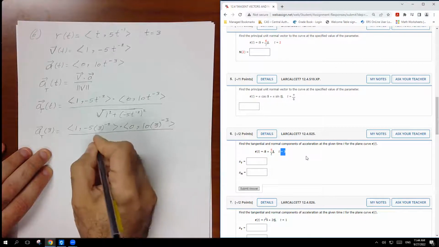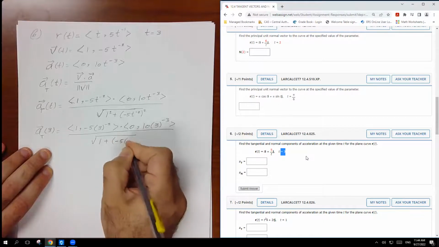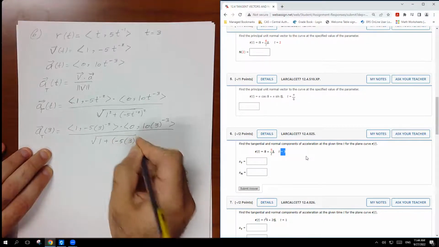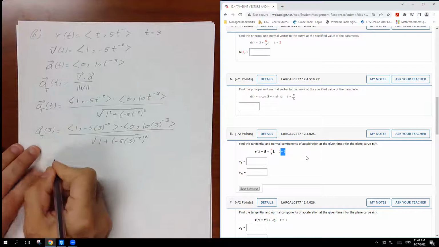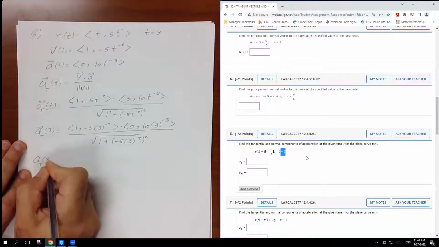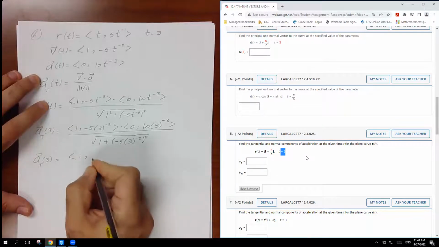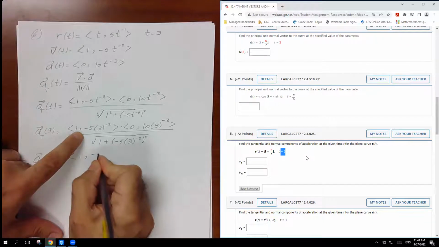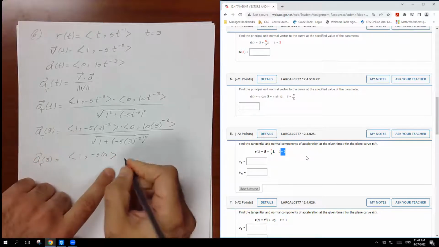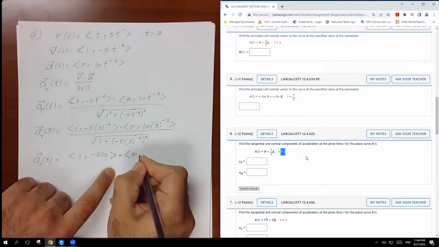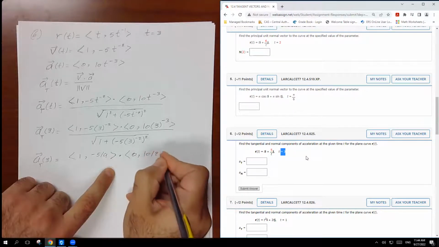And everything is divided by the quantity 1 plus negative 5, 3, negative 2, and everything squared. That means A with respect to T, and here is a 3. I'm just going to simplify it: 1, negative 5 over 9, and the dot product with 0 and 27, so 10 over 27.